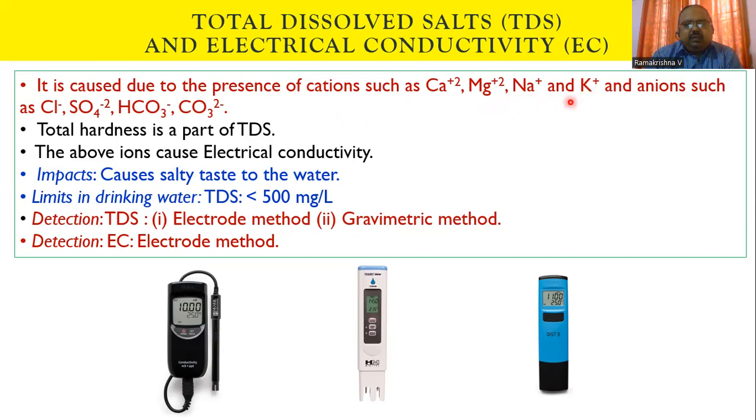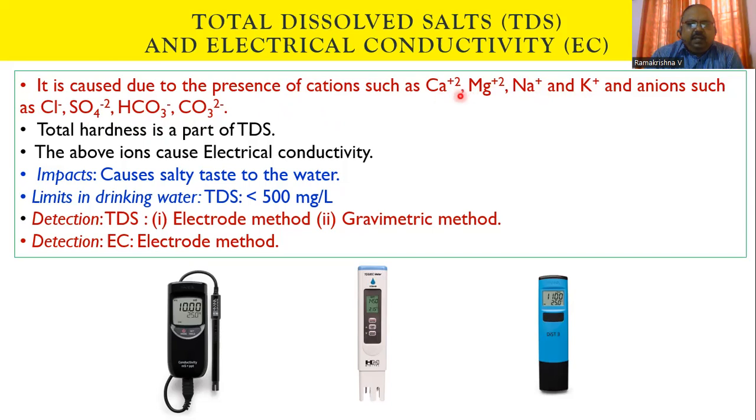They are also possible in the water. Along with that, the regular anions: chloride, sulfate, bicarbonate, and a few others which are not regularly available in the water. These contributions are called major ions. A few more ions such as iron, silica, and fluoride are also considered, but their contribution towards TDS is very, very negligible. These are called minor ions.